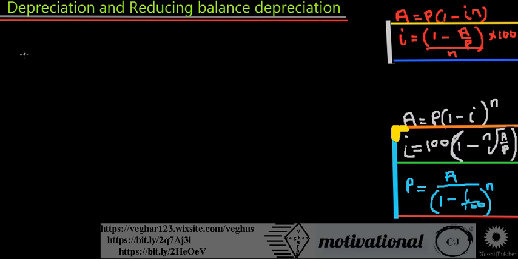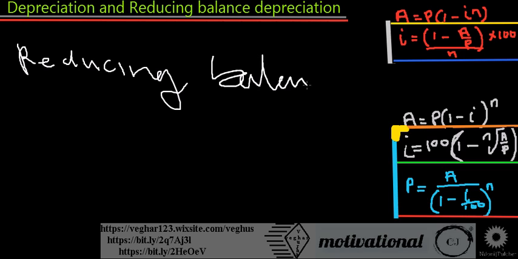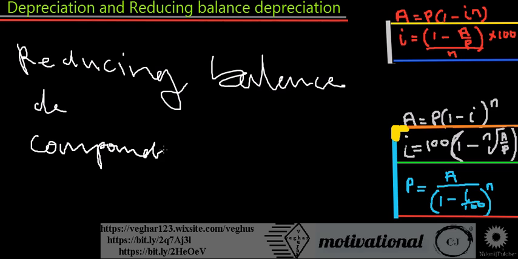The other one for depreciation is called the reducing balance formula. Reducing balance depreciation is calculated in a similar way as compound interest, which is this formula for compound interest.